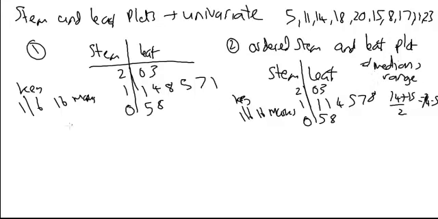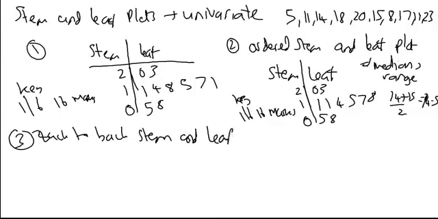So then we only have one thing left, and that is the back-to-back stem and leaf. So here we need another data set. So we use the back-to-back stem and leaf plot to compare two data sets.